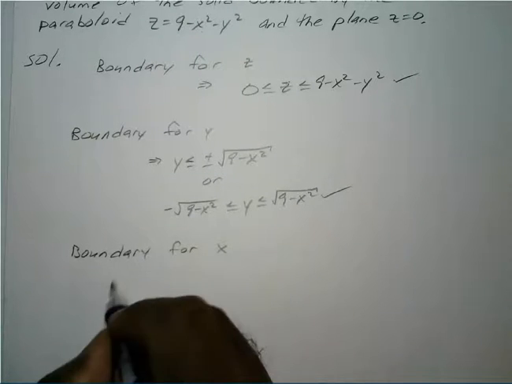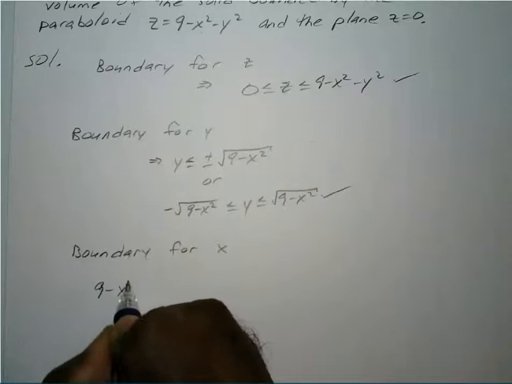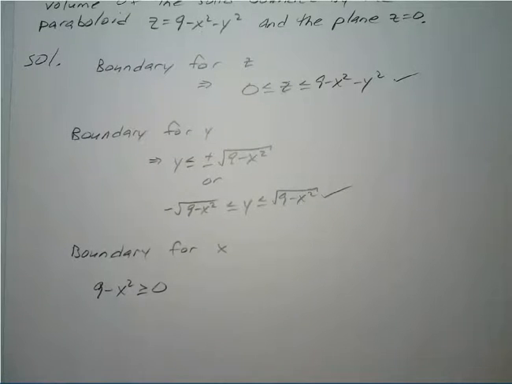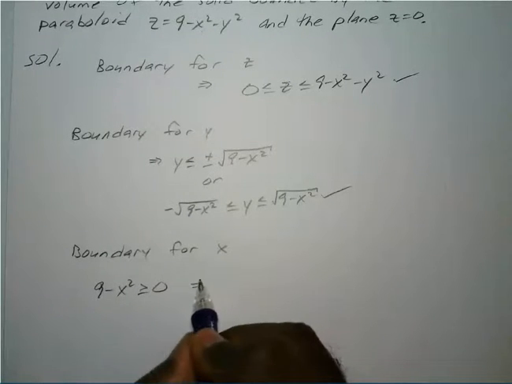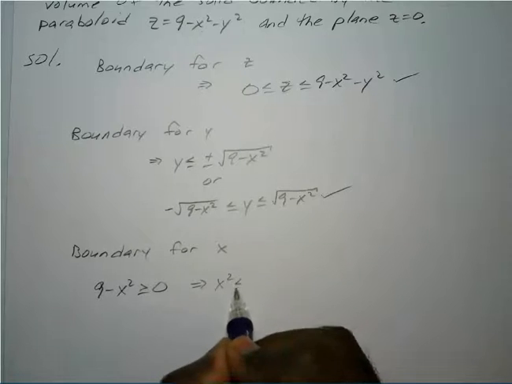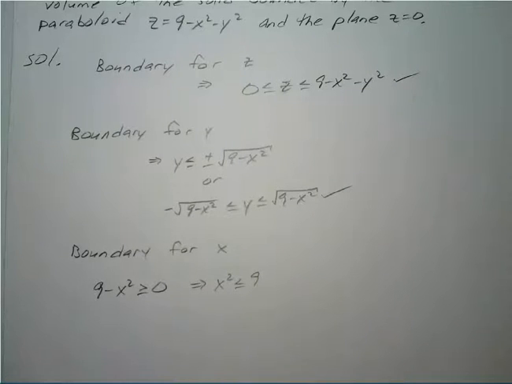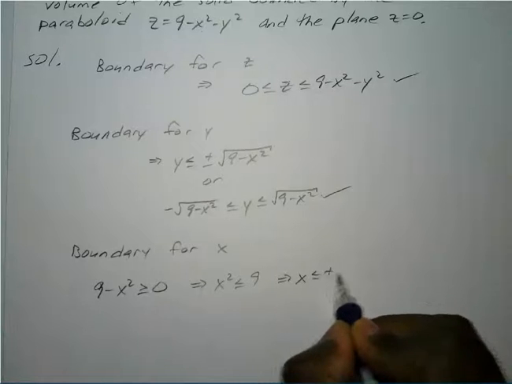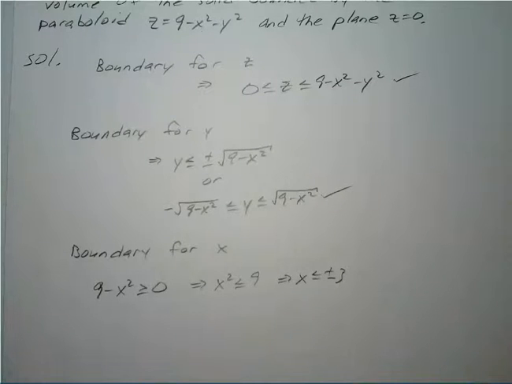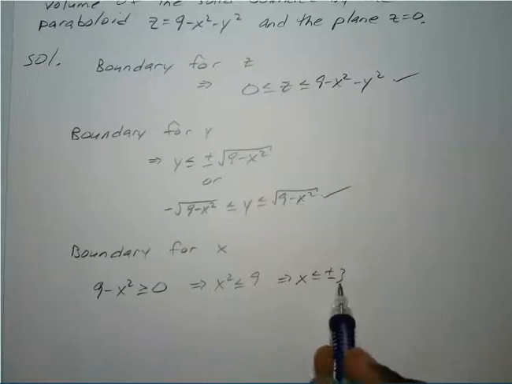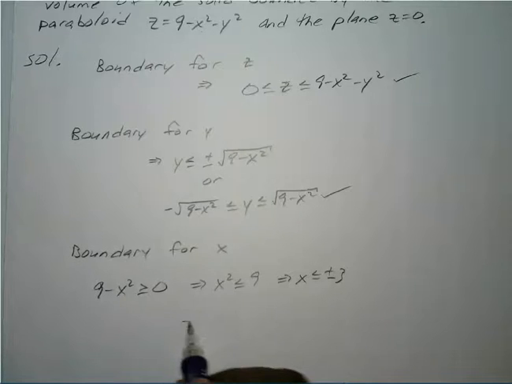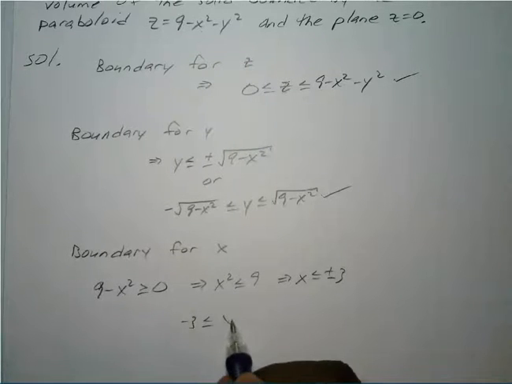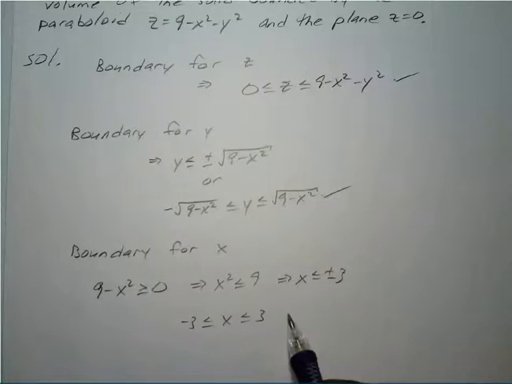So we know that 9 minus x squared is greater than or equal to 0, or you can just rewrite that as x squared is less than or equal to 9. Square root both sides, we have x is between positive and negative 3. So that gives us the boundary of x being between negative 3 and 3.